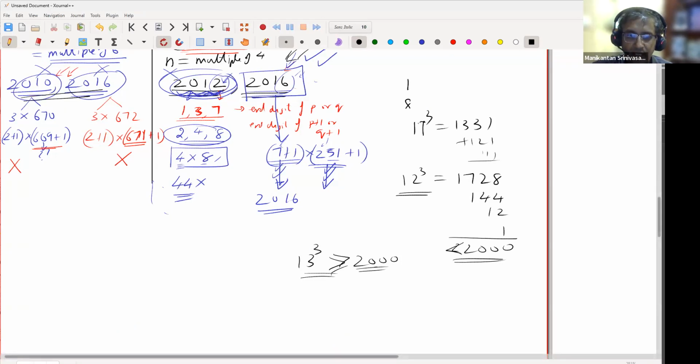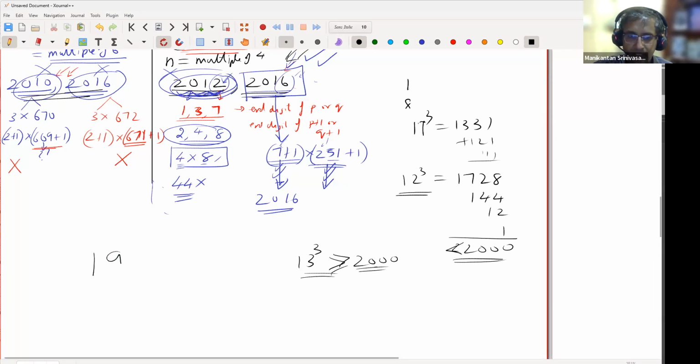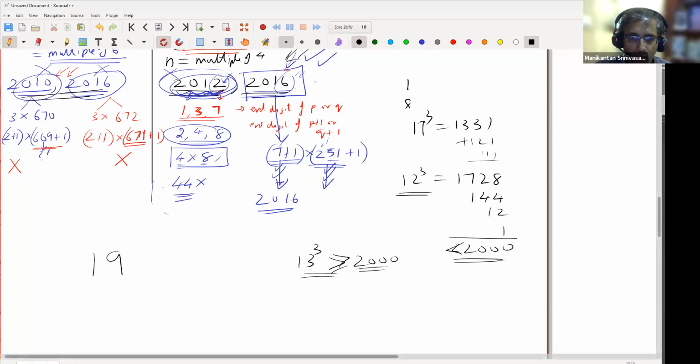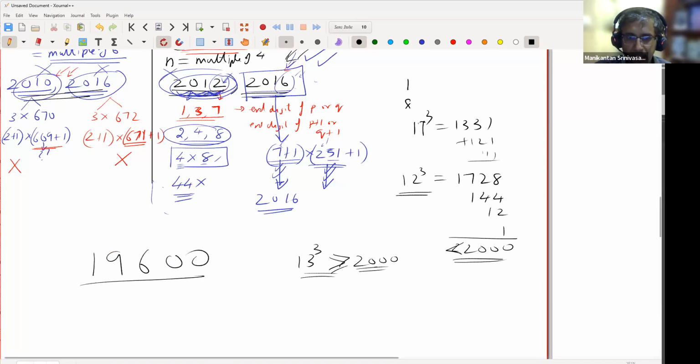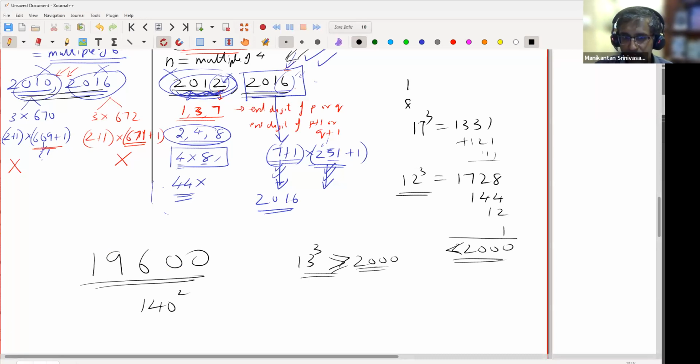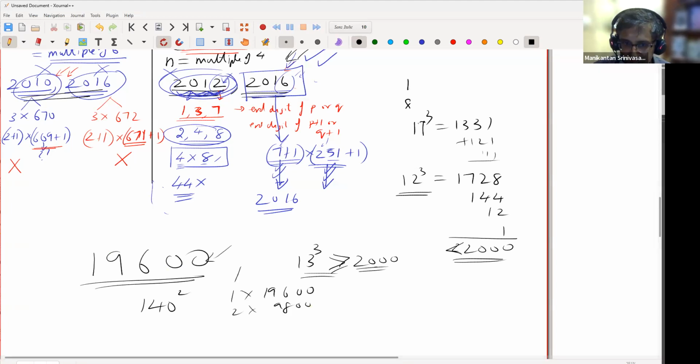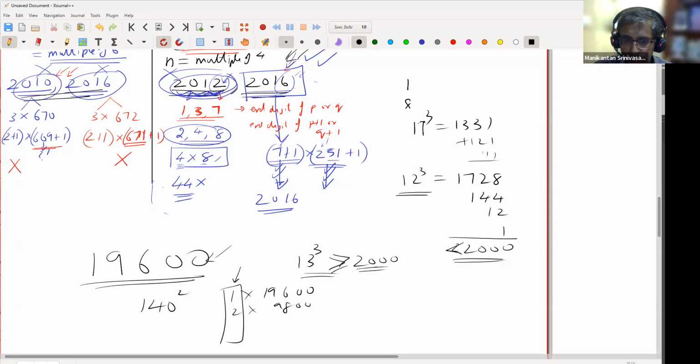So even if it's a big number, like I'll just make some number like 19600, which is 140 square, it's a fairly big number, but if I start clubbing them like this, this column will end at 140. One of the factors has to be smaller than the square root, right? The smaller factor, whenever you're grouping them pairwise, has to be less than or equal to the square root.